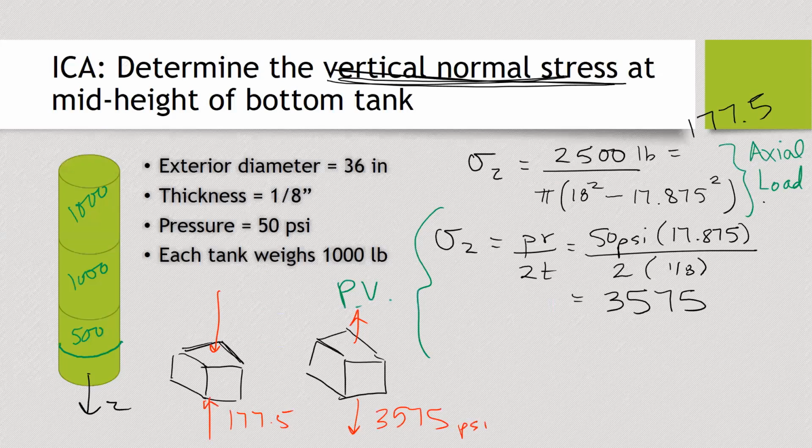These should all be PSI. Those are normal stresses acting in the same direction, so we can add them together. And then the net is what the material is actually seeing. So the net is going to be a tensile stress because that is the larger of the two values.